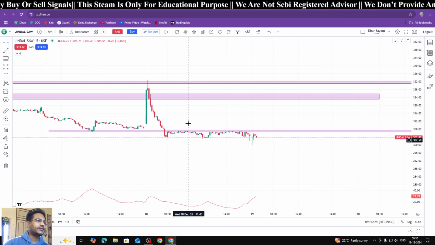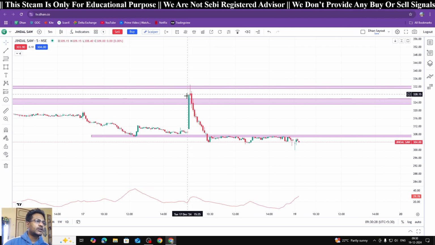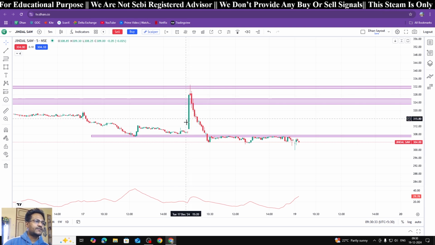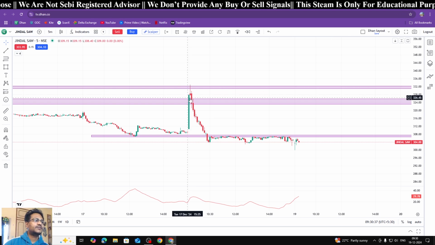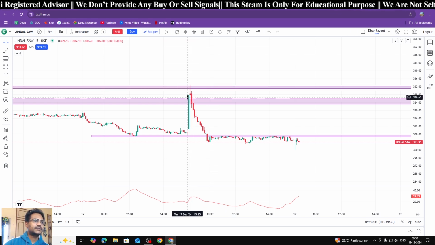In Jindal, exactly, the market started over here, which was pretty much bullish. After a proper bullish signal, you could see after the first 5 minutes candle, the next 5 minutes candle took a proper rejection from this break, from this support, which was acting as resistance over here.